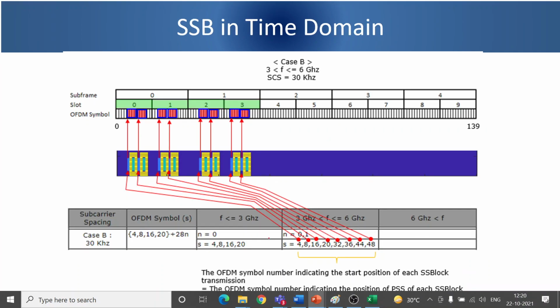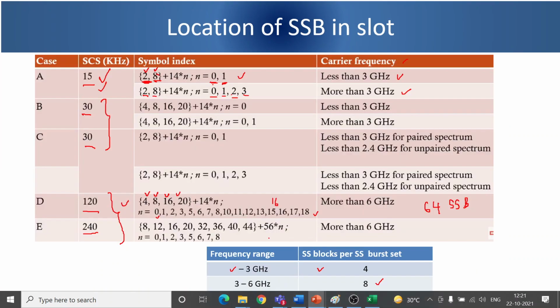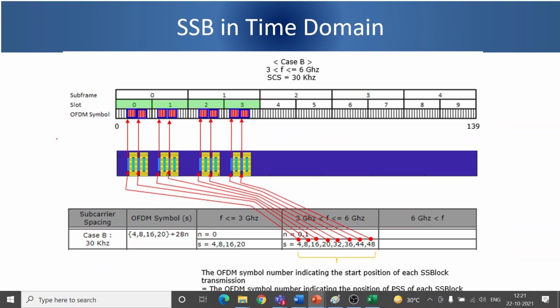Similarly here, this is your case B. Just see, these are the case Bs: case B, case C, case D. We have taken these diagrams. Here you see subframe 0, subframe 1, subframe 2, subframe 3, and subframe 4. In case B, frequency is between 3 to 6 gigahertz.